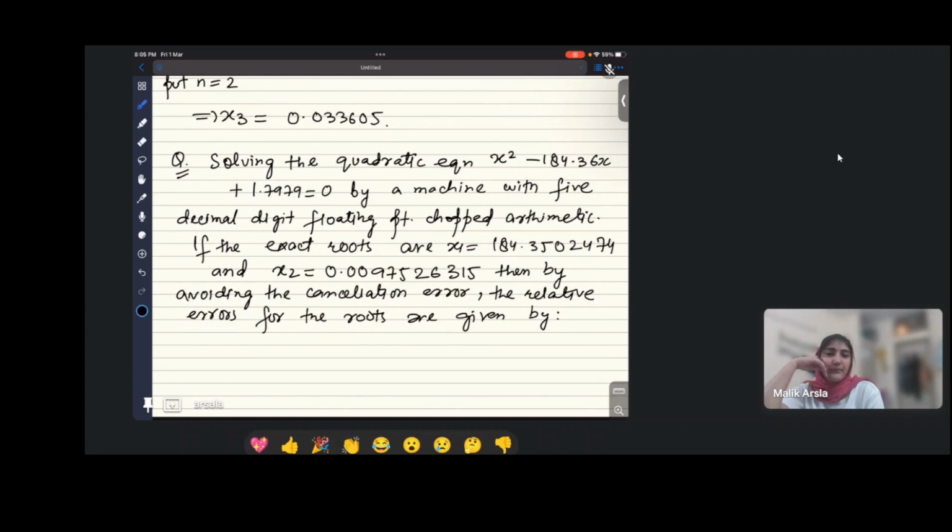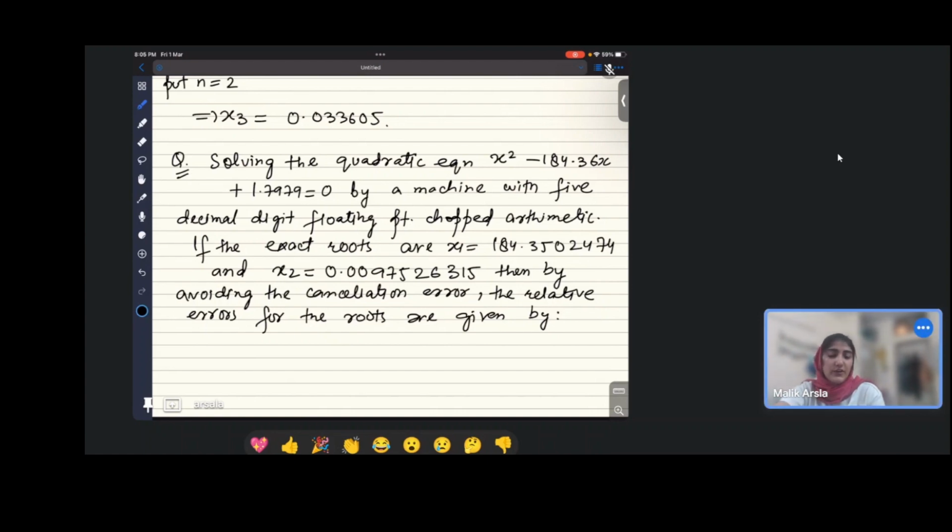That is finding x star by chopping to 5 decimal digits. For X1 star, you have to simply find the chopped representation for this, and then subtract.